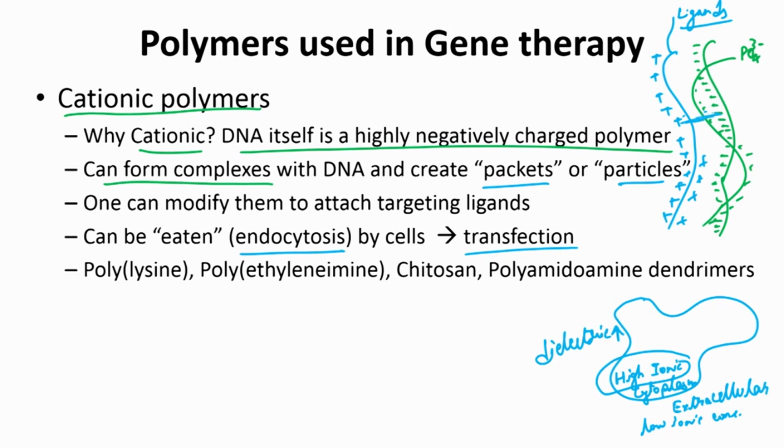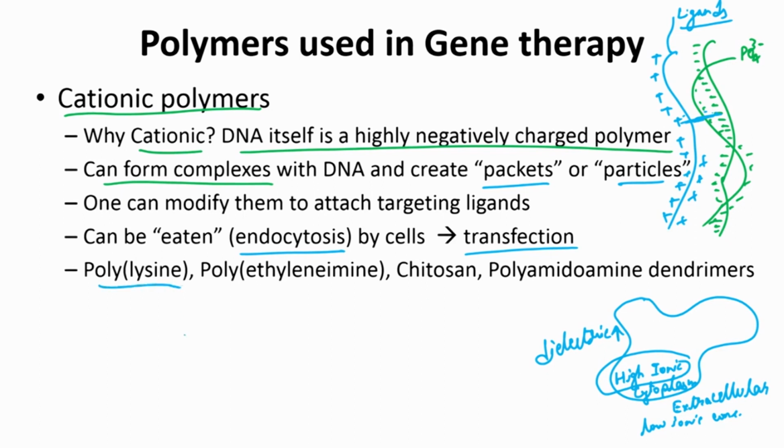So, that is how when these particles come out in the cytoplasm after the endosomal escape, they will cause release of the DNA, and then the DNA can go into the nucleus and transfect and start producing what you wanted. So, this is the whole concept of using polymers.